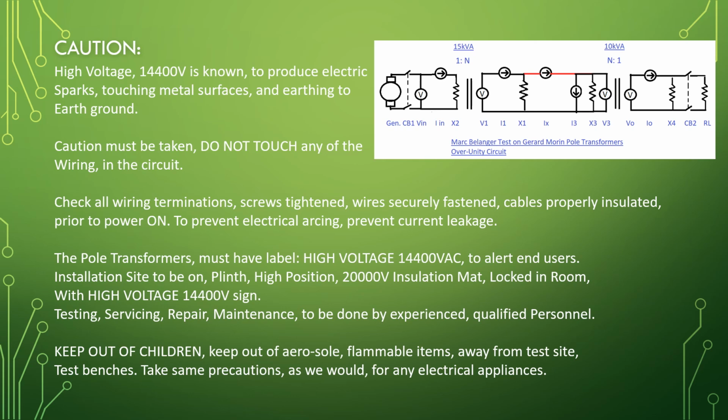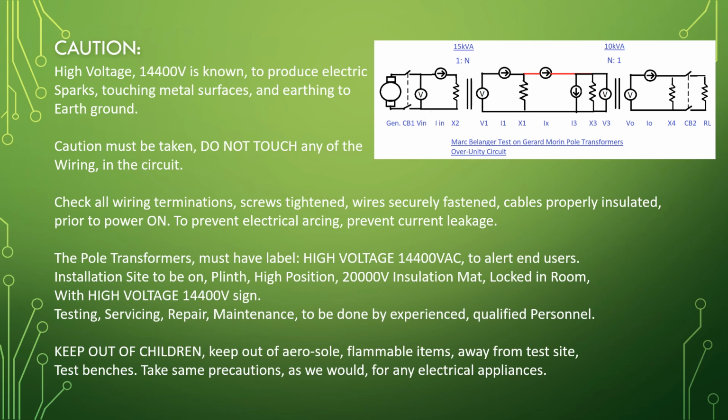The pole transformers must have labeled high voltage 14,400 volt AC to alert end users. Installation site to be on plinth, high position, with 20,000 volt insulation mat, in a locked room with a high voltage 14,400 volt sign.